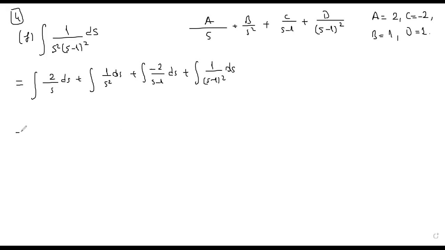So it gives 2 ln of s minus 1 over s minus 2 ln of s minus 1, no, minus 1 over s minus 1 plus some constant. And so we're done. All terms are in terms of s, so we're done.